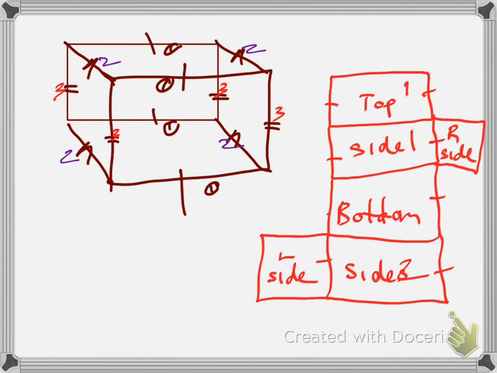Number 1, number 2, number 3, number 4, number 5, and number 6. Can you see that? So you calculate the areas of each and every one of those shapes and you add them up. Then you have got total surface area of your cuboid. Easy. Can you see that? So we call this the net.